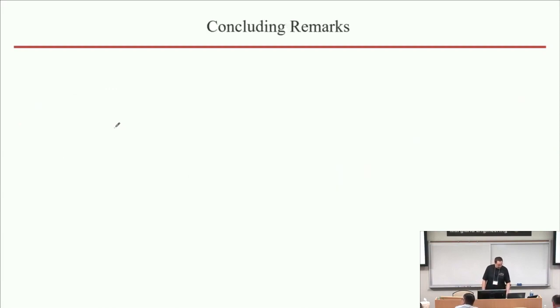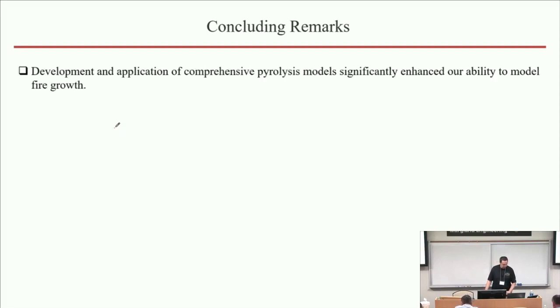So with that, here are some simple, clear conclusions, and I'm going to leave time for questions. First of all, I do want to point out that comprehensive pyrolysis models that have been developed during the past few decades do provide much greater ability for us to model the fuels. And I think they represent the path to the future for all kinds of engineering and scientific problems.